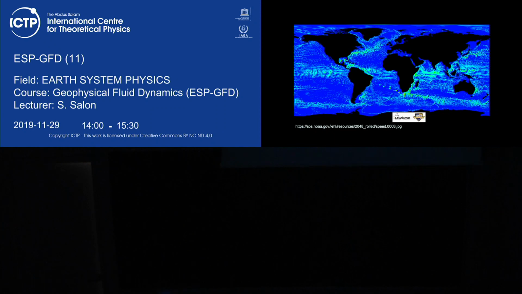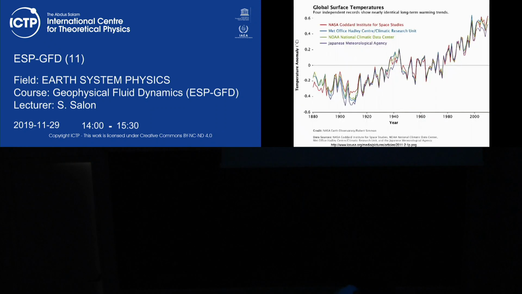So, if we look at these two phenomena, we can say that all the phenomena that act in the ocean or in the atmosphere are absolutely subject of GFD. But maybe I'm not totally correct, because not all the phenomena, as we will see, but many of them.